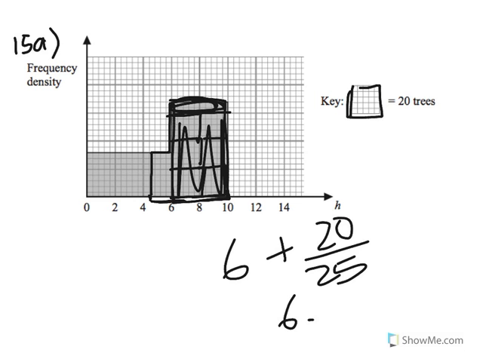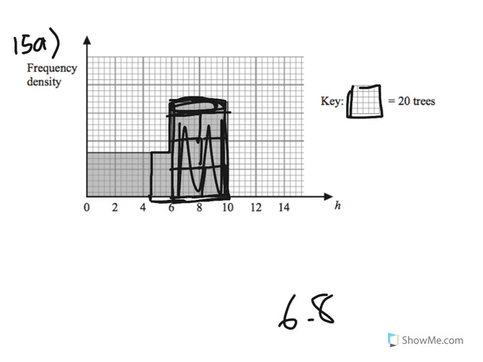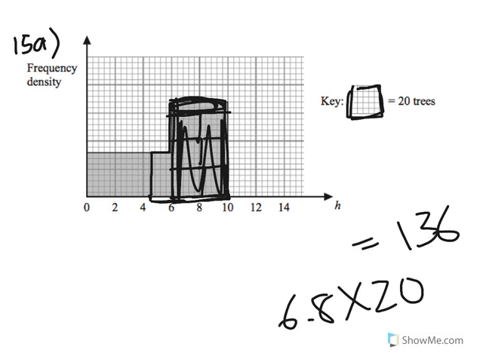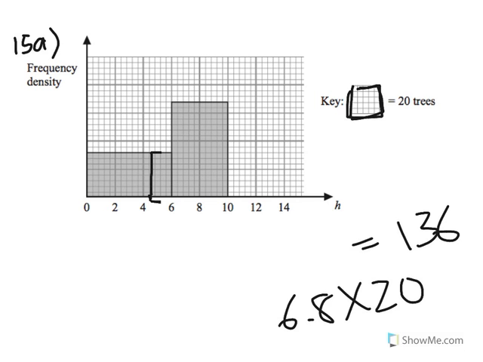So you have 6.8 boxes. And all you have to do is multiply that by 20, because there's 20 trees in one box, and you're going to get an answer of 136. So that's all the trees in this area. Now, for this area, it's a little more complex.